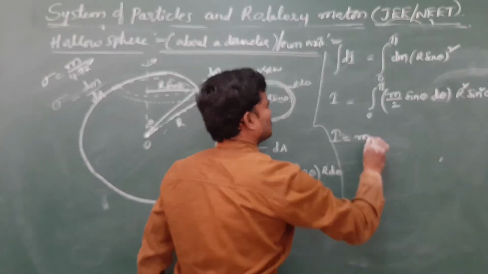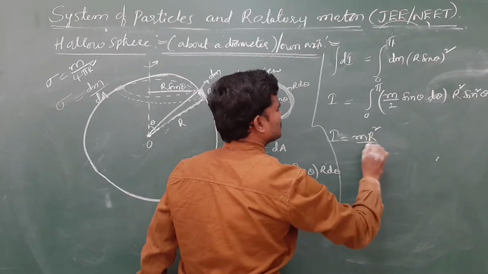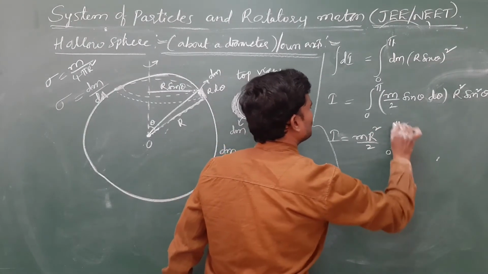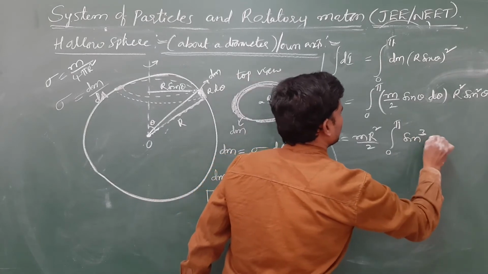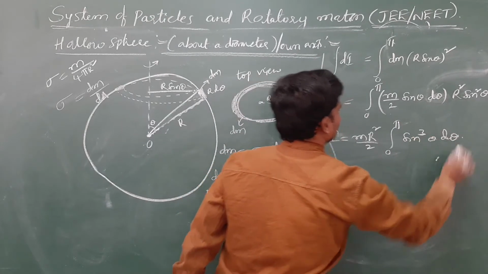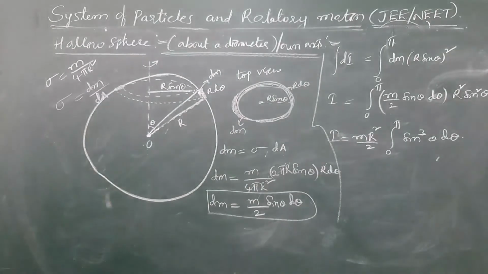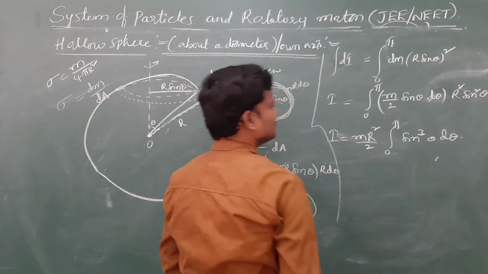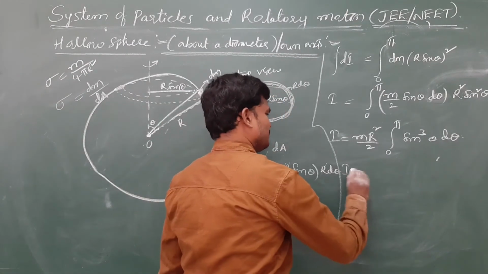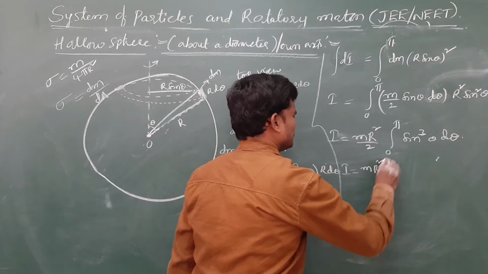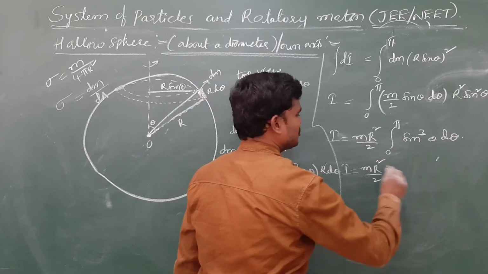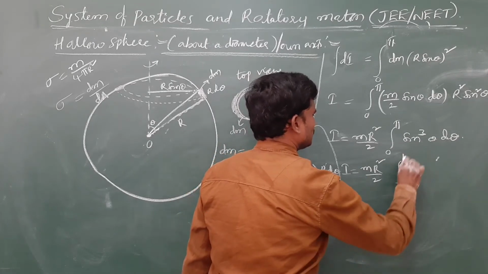So m r square by 2, integral 0 to pi sin cube theta d theta. Use some integration and you will get the answer. Sin cube theta d theta: let me write m r square by 2, integral 0 to pi.